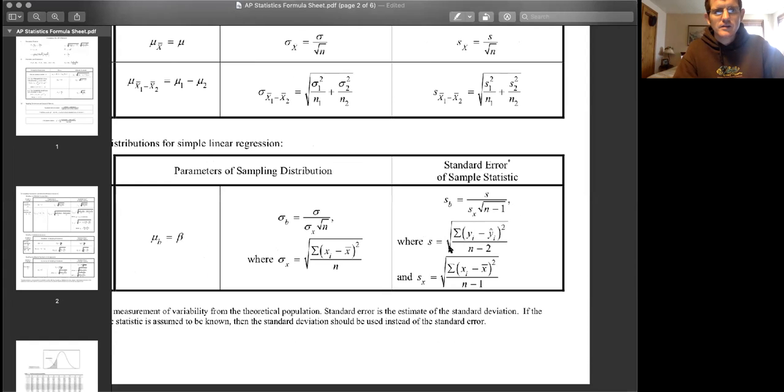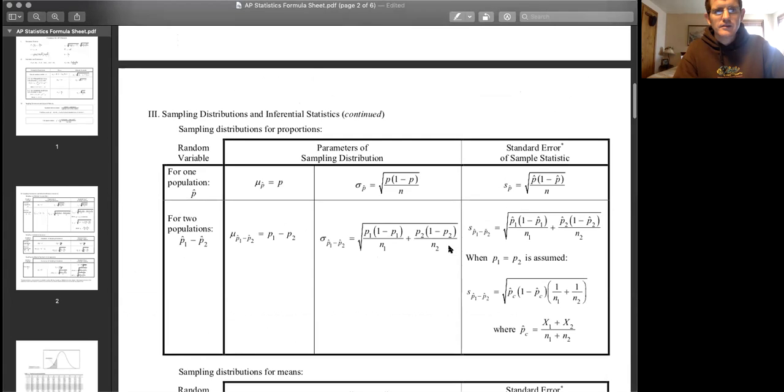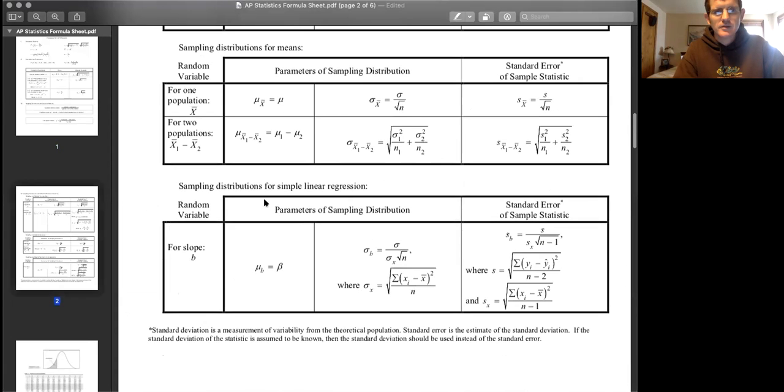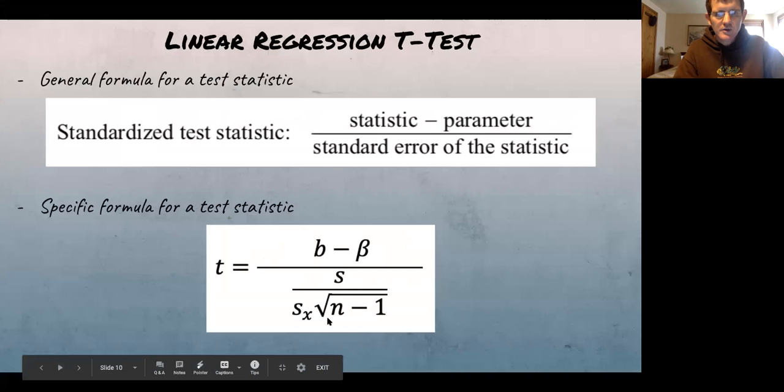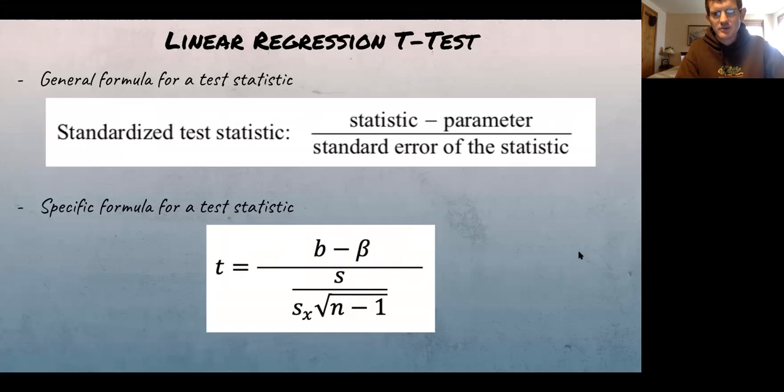If I go down to the bottom of the second page, we're looking at sampling distributions, and this is where we would use inference for slope b, and notice the beta right there for the population, and the standard error for the sample statistic is right here. So I just lifted that formula straight from here and plugged it into our equation. So this is always available to you. You just need to know the statistic minus the parameter divided by the standard error. And then you can substitute whatever you need.